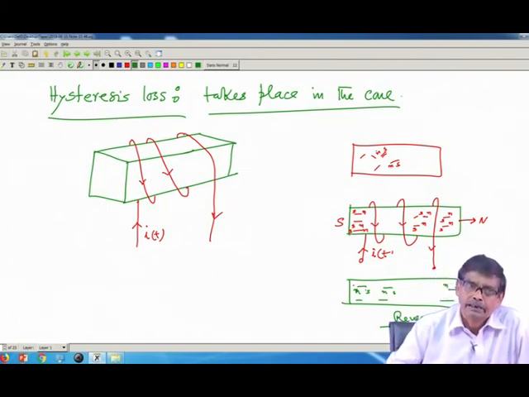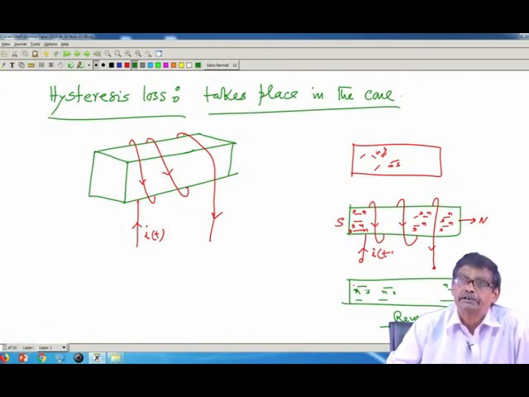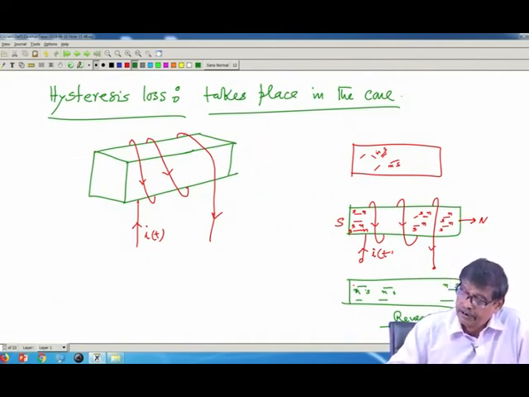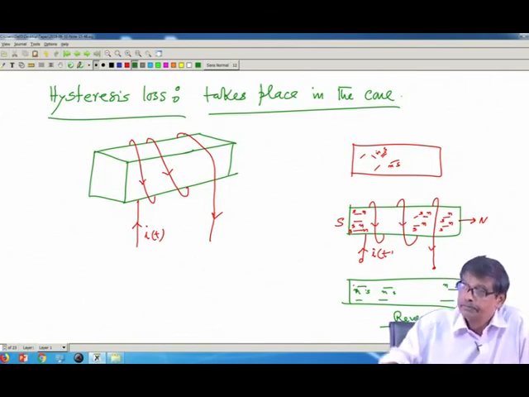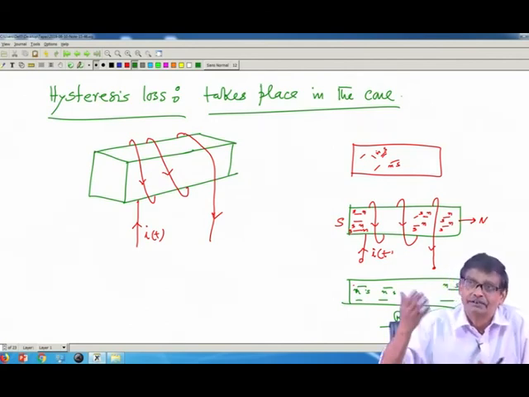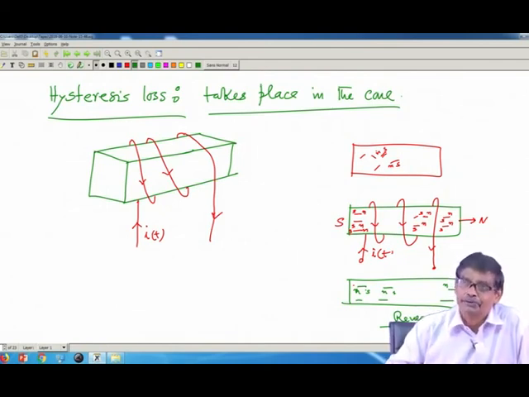Therefore, they will encounter friction in the process and there will be a heating effect, not because of eddy current, which is a separate thing, but simply because you are reversing the current this way and that way. Therefore, there will always be movement of the molecules. Perhaps a detailed analysis at physics level is needed, but we can understand this is what is going to happen.